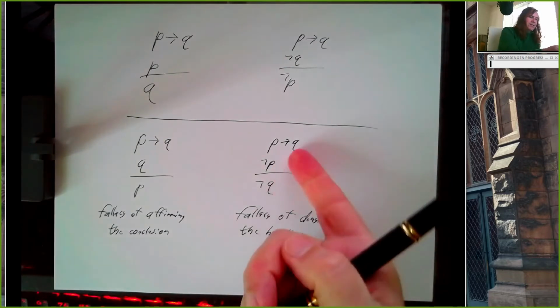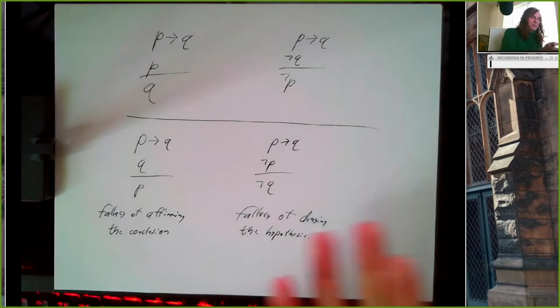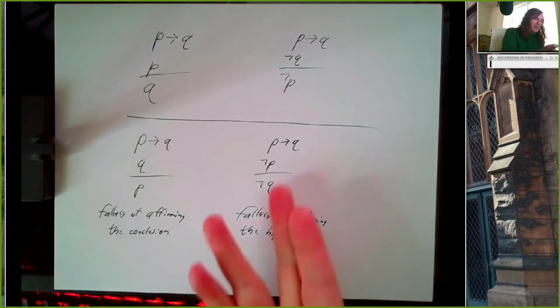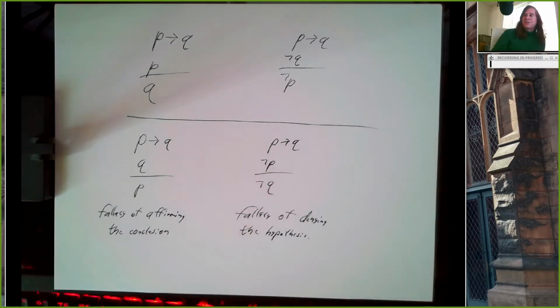If I win the lottery, I'm going to give you a midterm next Friday. That's a true statement. I don't win the lottery, therefore I don't give you a midterm. Well, that doesn't follow logically. You're going to get a midterm whether I win the lottery or not. So those are the two fallacies.